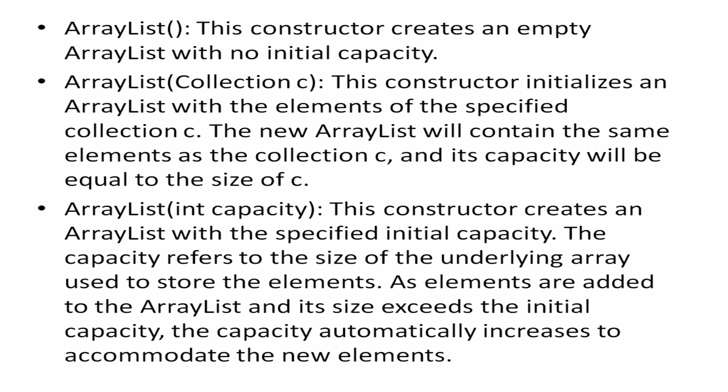The capacity refers to the size of the underlying array used to store the elements. As elements are added to the ArrayList and its size exceeds the initial capacity, the capacity automatically increases to accommodate new elements. So the constructor is going to accept the capacity entered by the user, and based upon that, it can check how many elements it can accommodate.